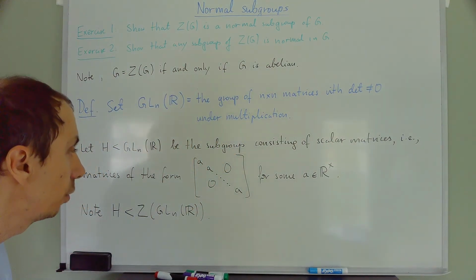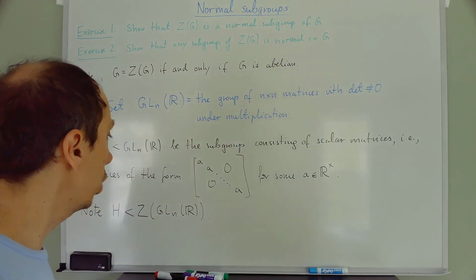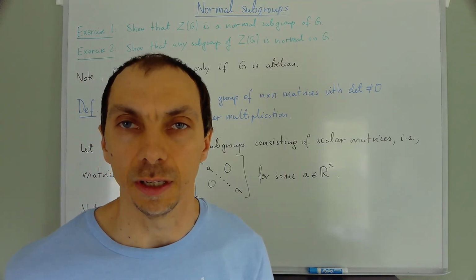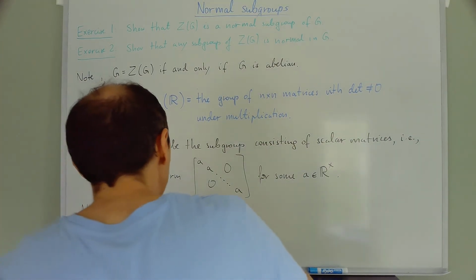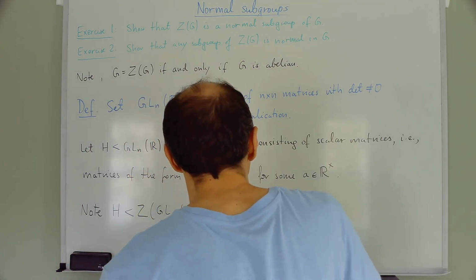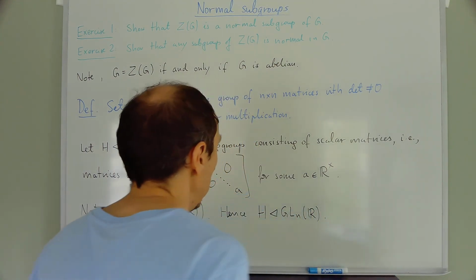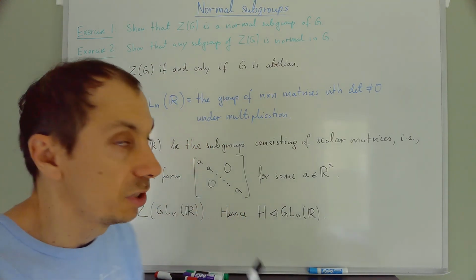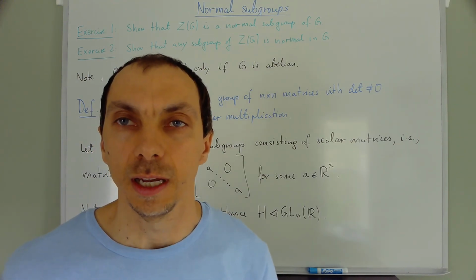I'll leave that for you to check as well. You know how to multiply matrices, so you can check that the scalar matrices commute with every matrix. So they are a subgroup of the center. Hence, the scalar matrices actually are a normal subgroup of GL_n(R). One can in fact prove that the scalar matrices are the center, but we're not going to get there. Let's take a little break and then we'll have one more example.